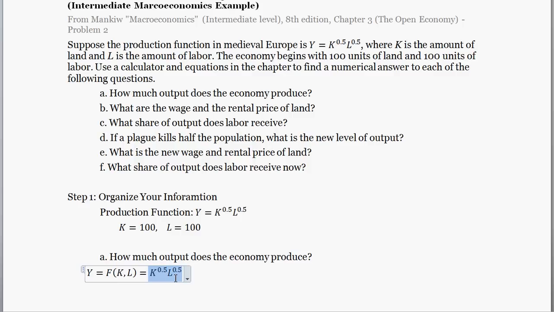So this takes the form of a Cobb-Douglas production function, a Cobb-Douglas that actually has some parameterization to it. Just for reference, a generalized Cobb-Douglas looks like this.